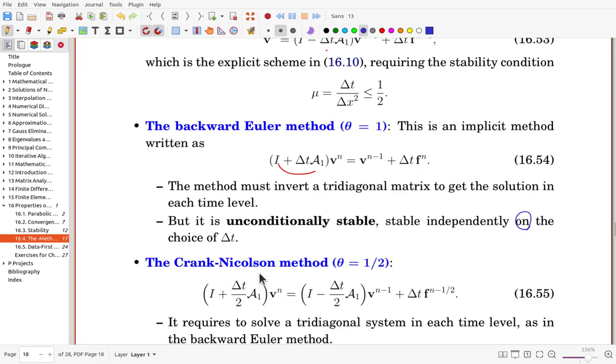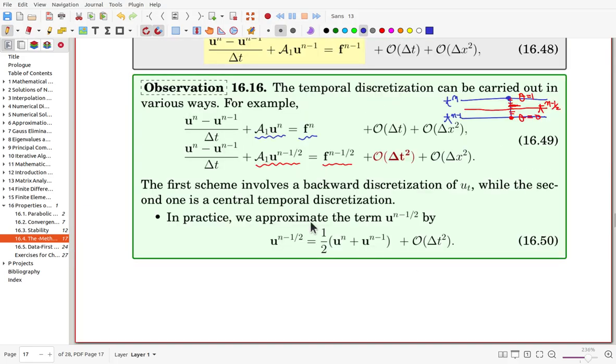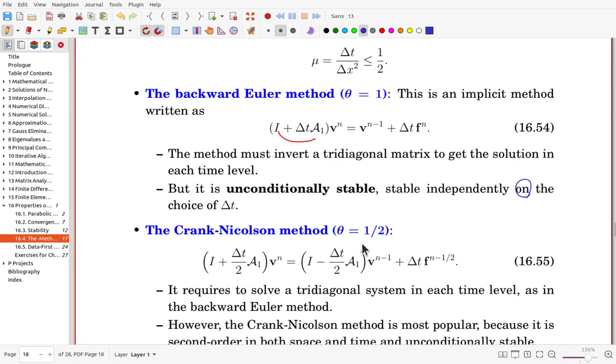Now, when theta is 1/2, that is the case we considered in this observation, along with this term replaced by this average. That is the case when theta is 1/2, and this is the scheme. Also, this scheme requires solving a tridiagonal system in each time level.